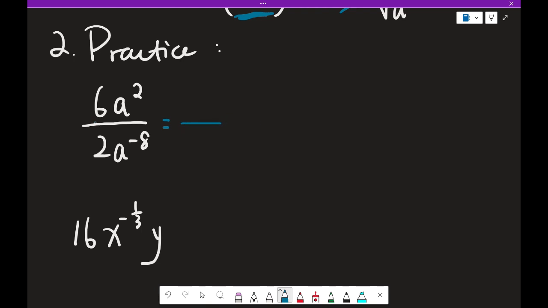So let's do this question first by isolating the constant from both the denominator and numerator to make it clearer. So it's 6 over 2 times a squared over a to the power of negative 8.